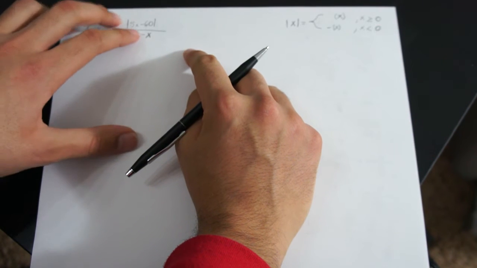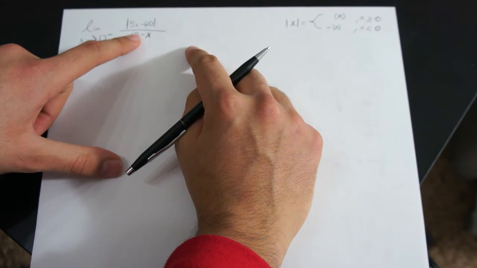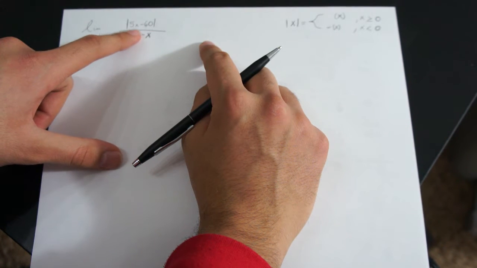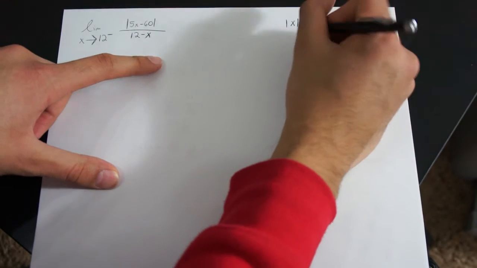And then looking at this part right here, what we want to do is find out what the point of interest is, and to do that we would just set this equal to 0.